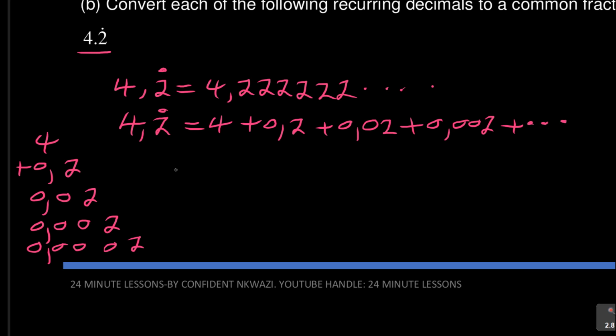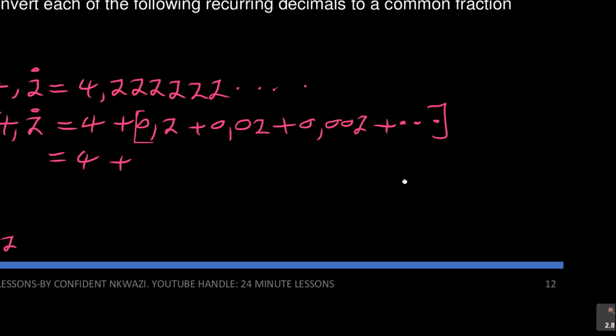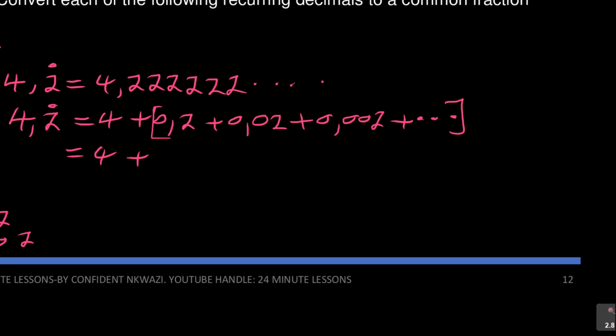Then it's 4 plus, then take this, and you can see that it's continuous, which means it's a sum to infinity. Then you come back and say, all right, I've got that part. Let me find my R. What's the common ratio there? R is T2 over T1.